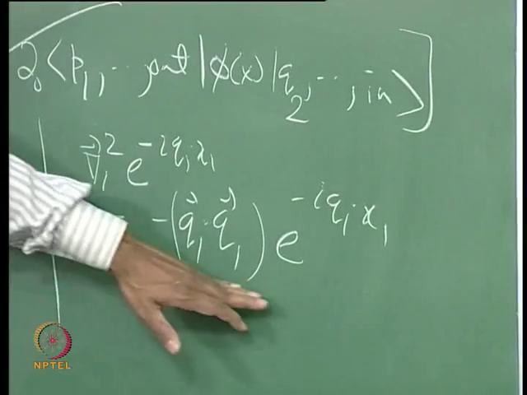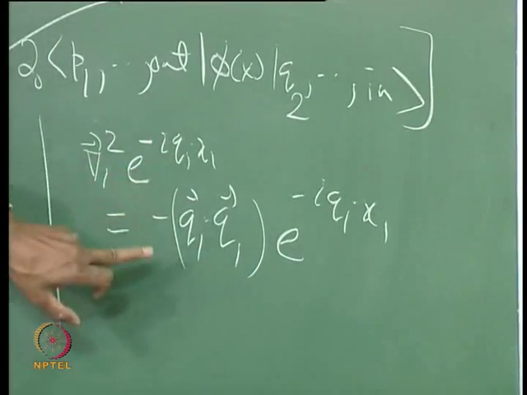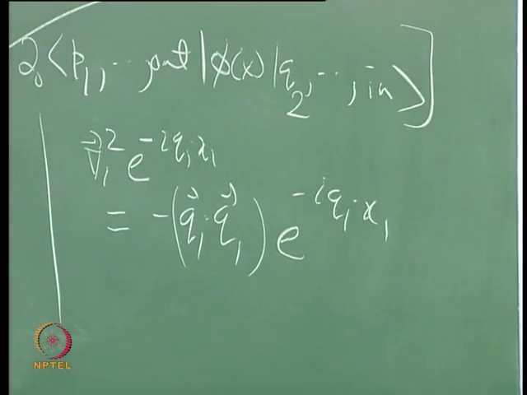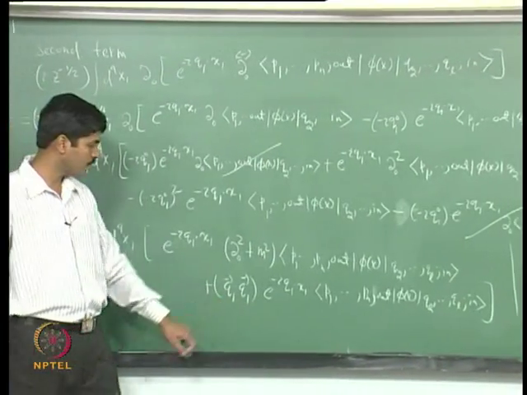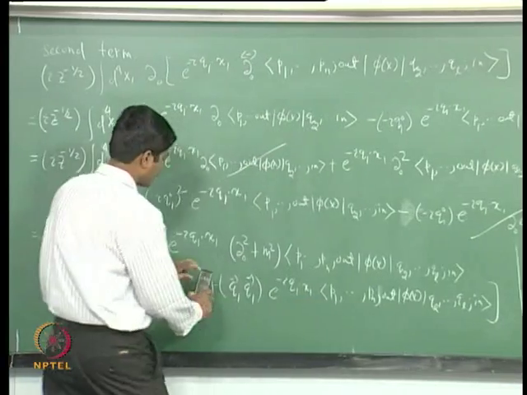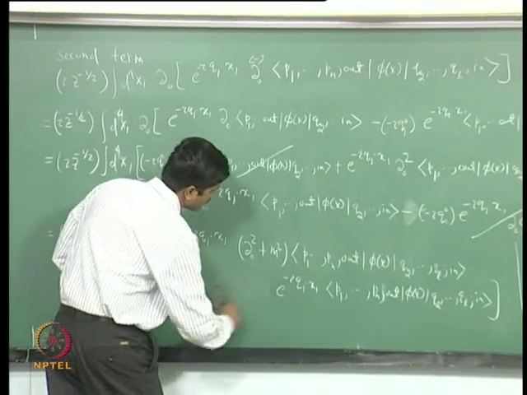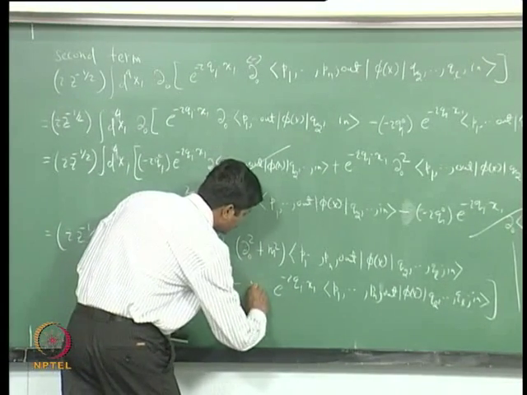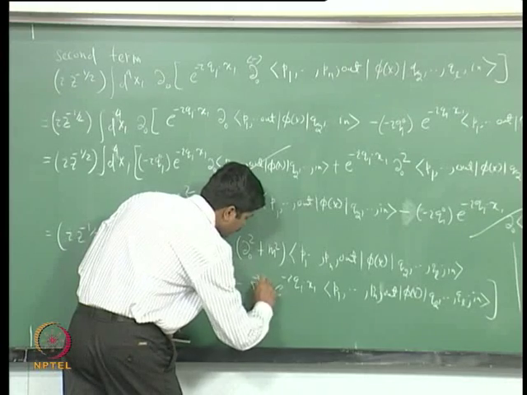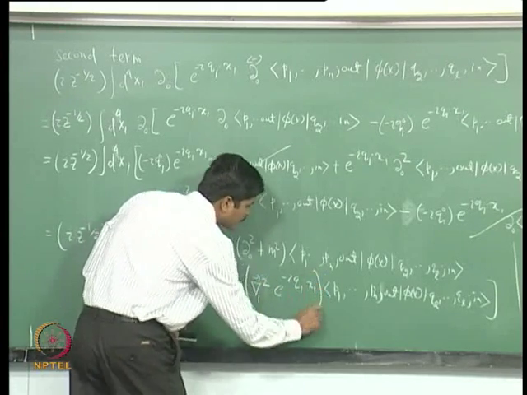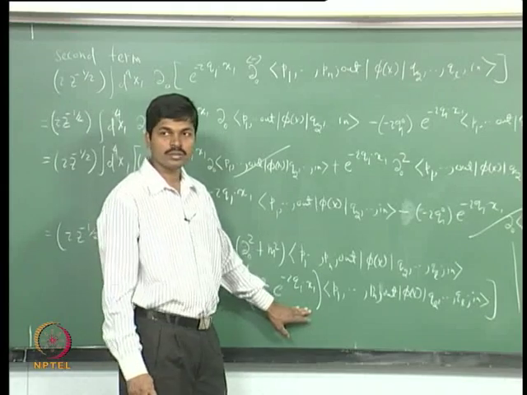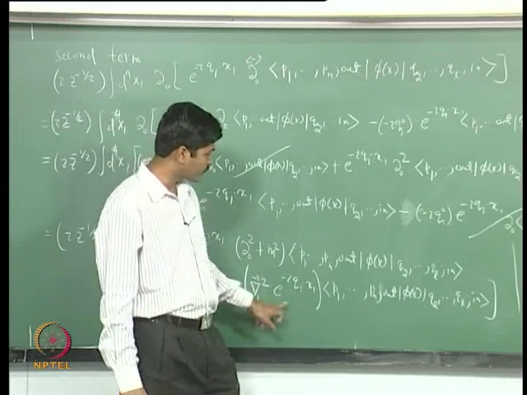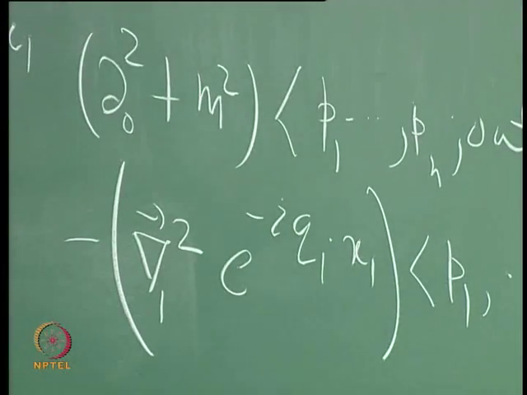So, this quantity here I can substitute as minus ∇_1^2. So, instead of q_1·q_1, I can write it here as minus ∇_1^2 acting on this. Now, what you can do is you can make a partial integration twice.